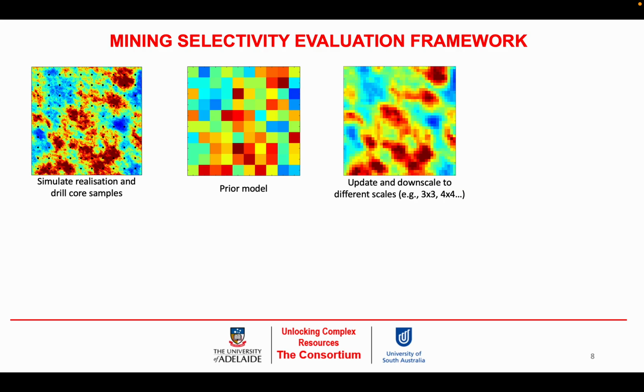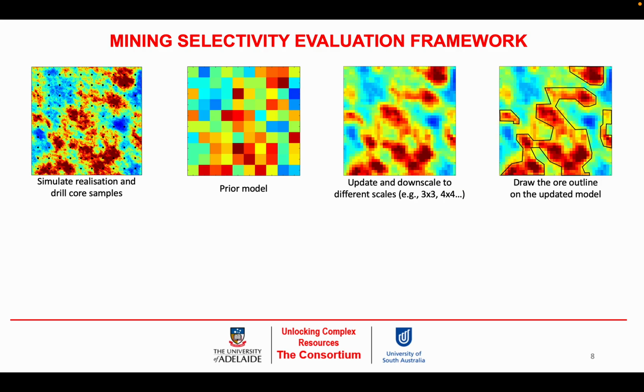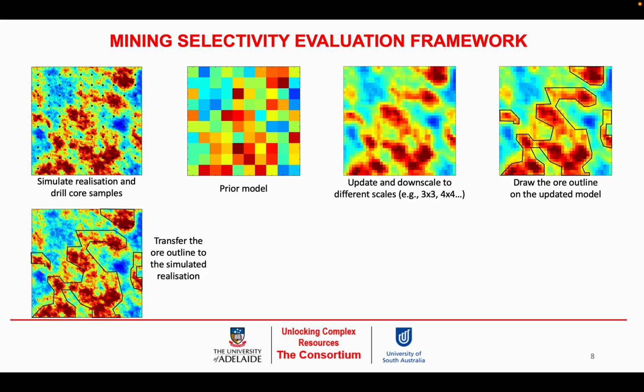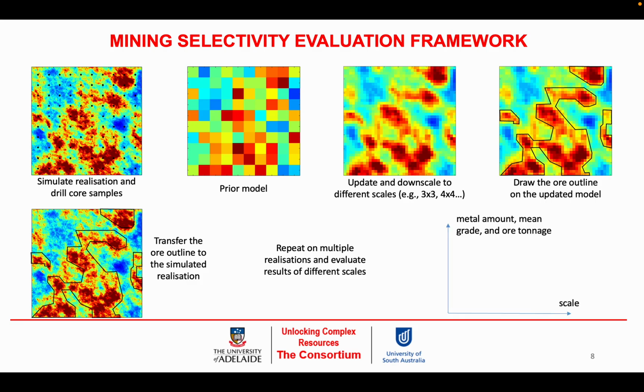And then we will get an outline for ore area from the updated model. We then transfer this outline to the realization that was simulated to get the true mining results. In this case, we will get results for different scales, and if we repeat these steps, it is possible for us to get the relationship between the true metal recovery and scale. This framework is also verified by a case study, and it works effectively.